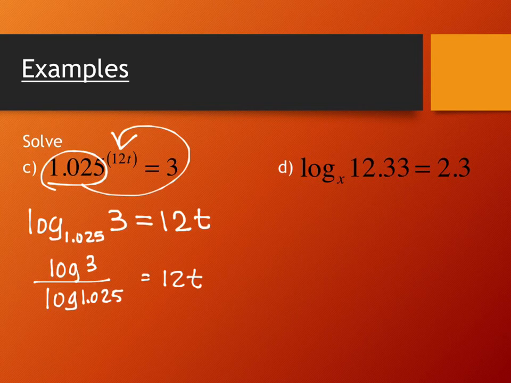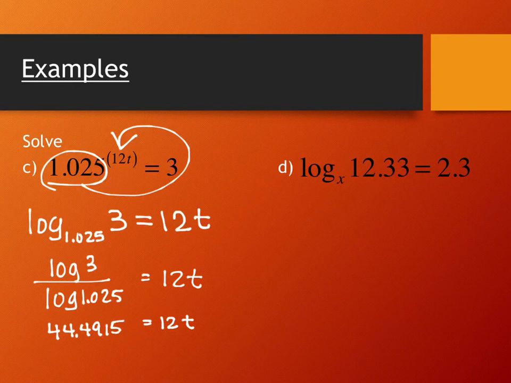What do you get when you take log 3 divided by log of 1.025 with 4 decimals? 4.4915.